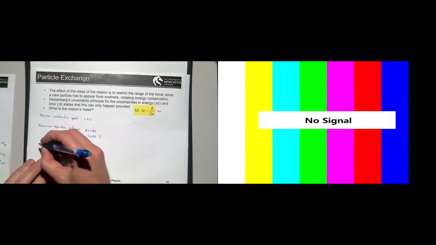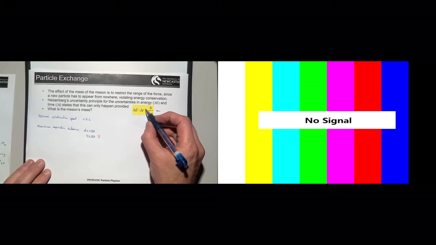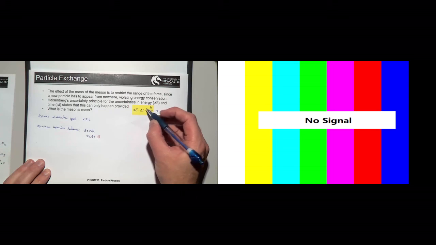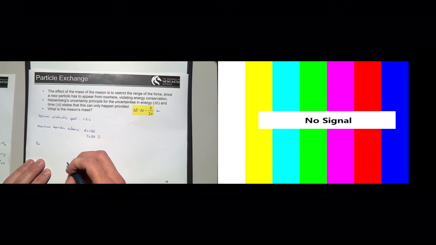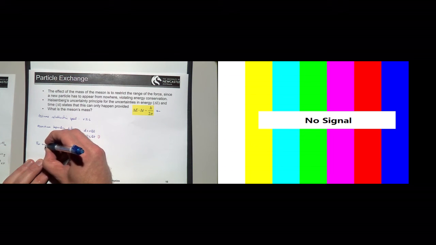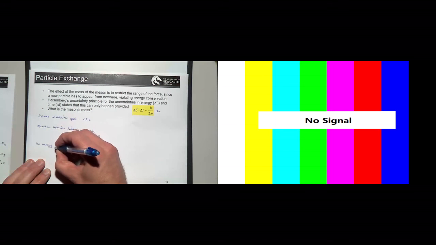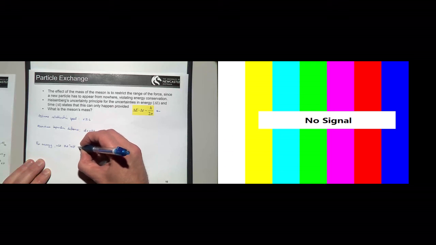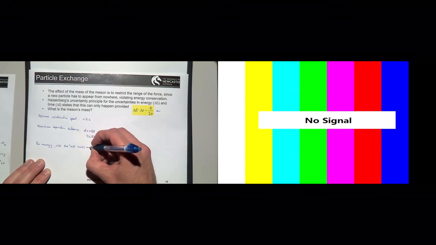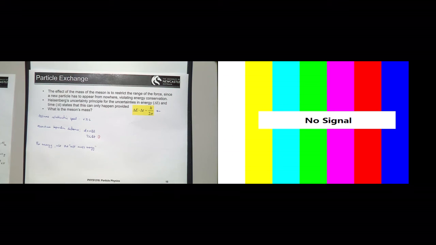And so that's going to give us something associated with the delta t in our yellow boxed equation. And then we need to know what to do for the energy, delta E. Now, again, we're going to talk about this more in the coming lectures, but there's an energy associated with just the existence of a particle, and that's called its rest mass energy.